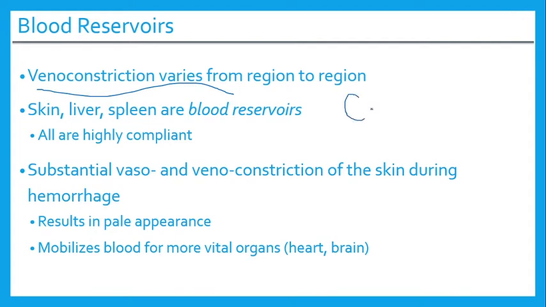Remember that compliance is basically equal to volume over pressure. So they hold on to large volumes of blood. You can see a lot of our blood volume overall is stored within the venous circulation of these areas of the body.